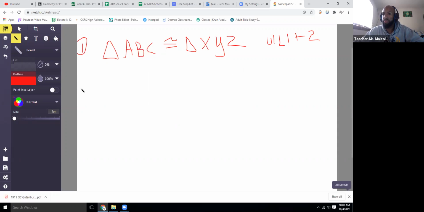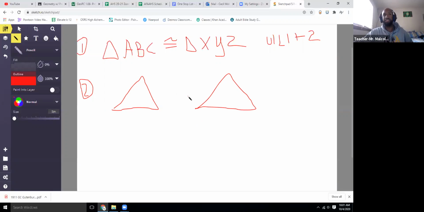Now the second thing that I want to bring to your attention is looking at two triangles and proving if they're congruent from the information that is given. This, of course, is a big part of the test. And as a result, this is mostly what we did this unit.